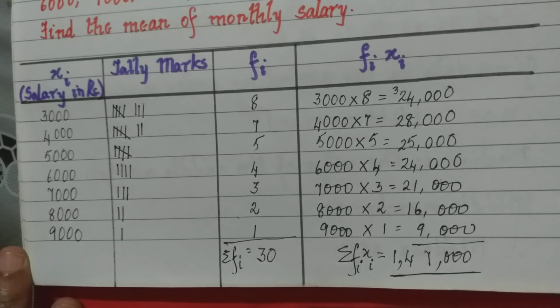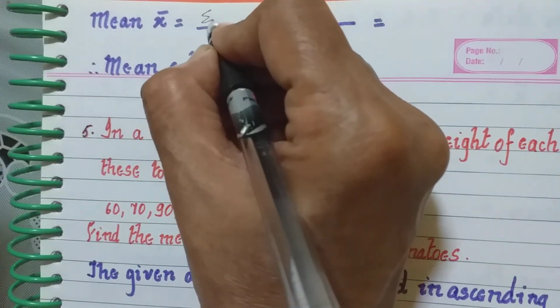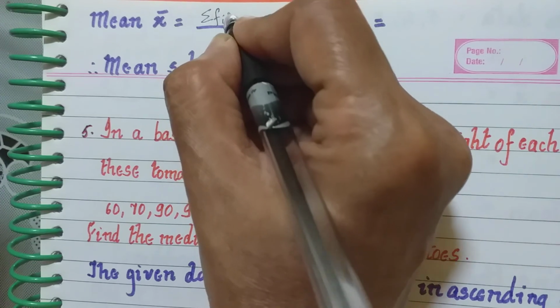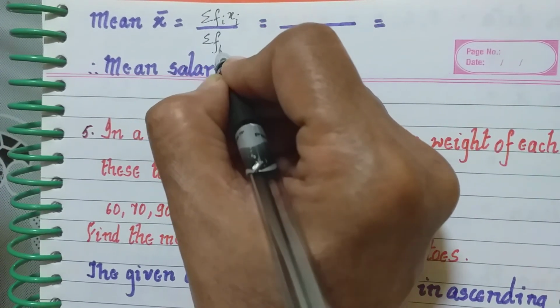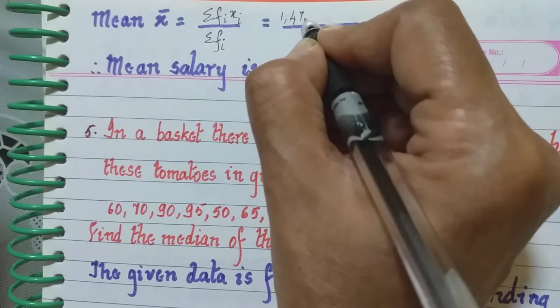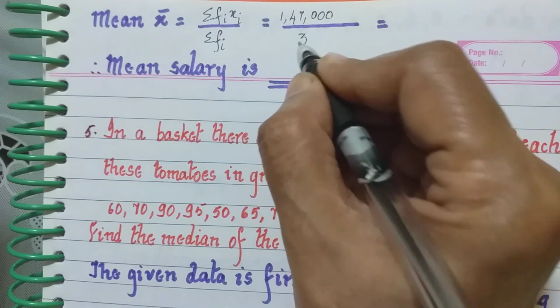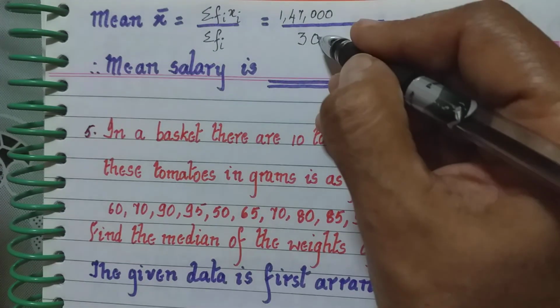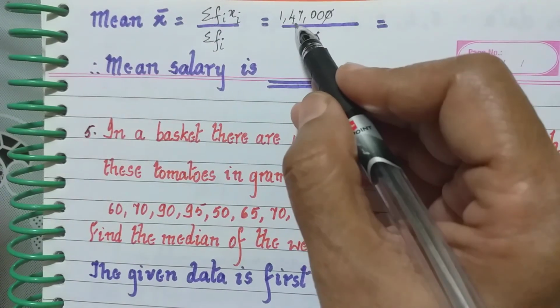So sigma fi xi is 1,47,000. Sigma fi is 30. Mean x bar is equal to sigma fi xi upon sigma fi, which is 1,47,000 upon 30. So here the zeros cancel. Now 3 goes here.